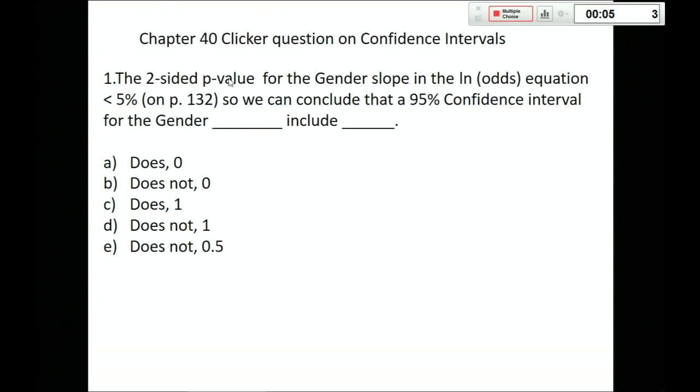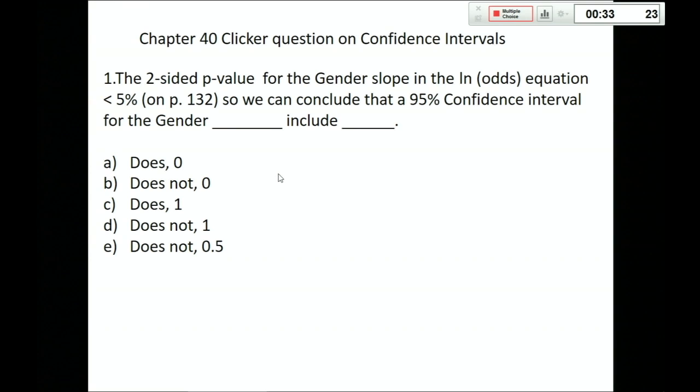Okay, so the two-sided p-value for the gender slope in the log odds equation is less than 5%, right? That was on page 132. It was way less. We saw that it was 1.89%. So we can conclude that a 95% confidence interval for the gender slope does or does not include what number here?